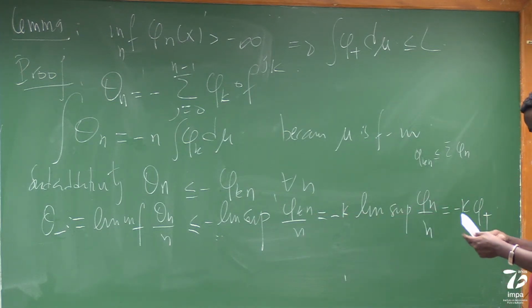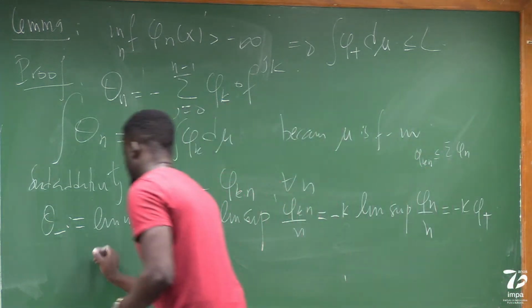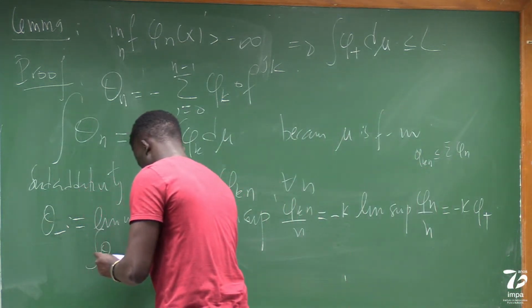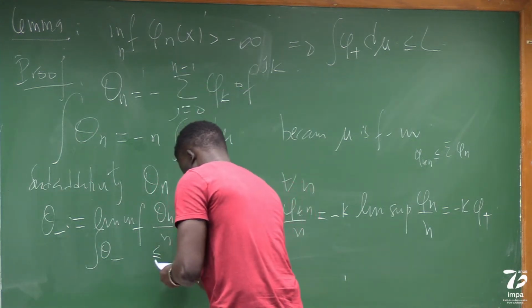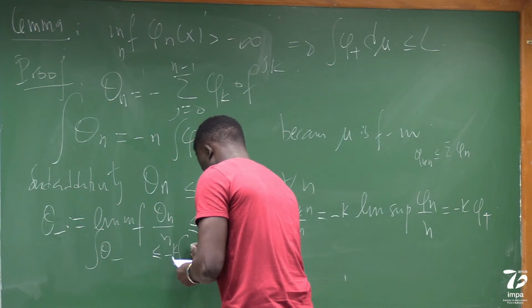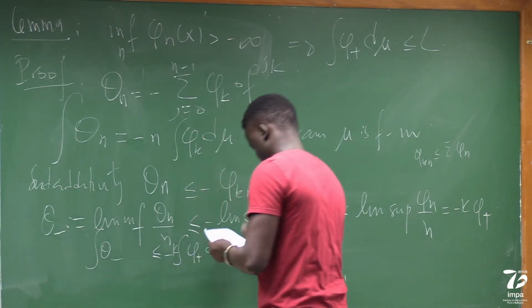Now once you have this, you will have that the integral of theta minus is less or equal to minus k times the integral of phi plus d mu.